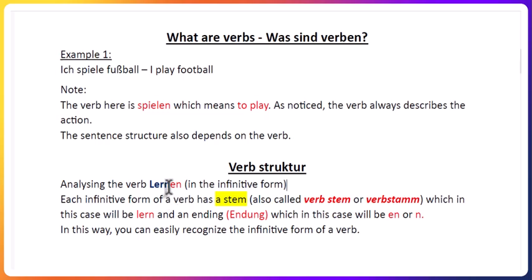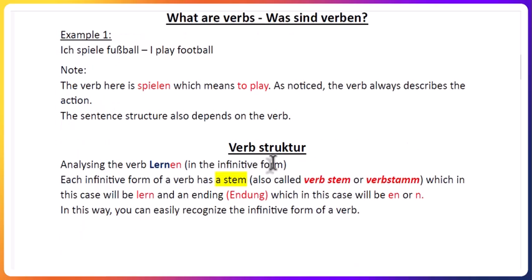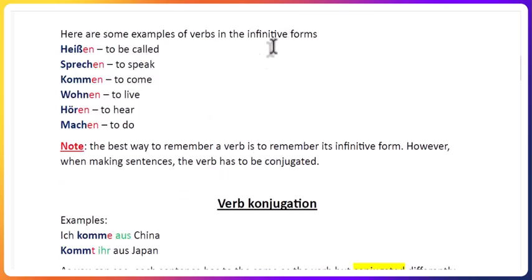Conjugation in a verb stem. You will be changing the ending with en at the end. Mostly linear in a verb stem. The examples we had were heißen, sprechen, kommen, wohnen, hören, machen.